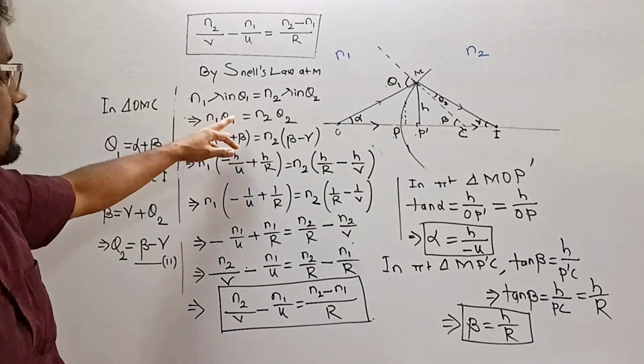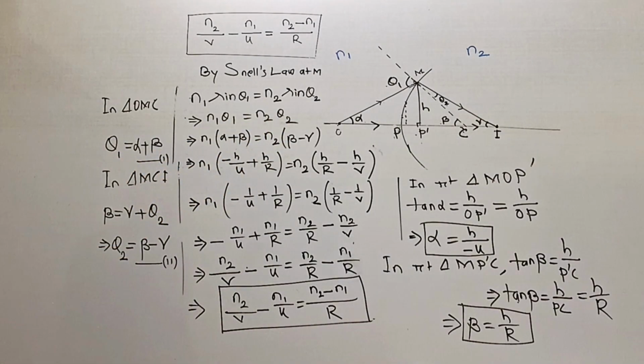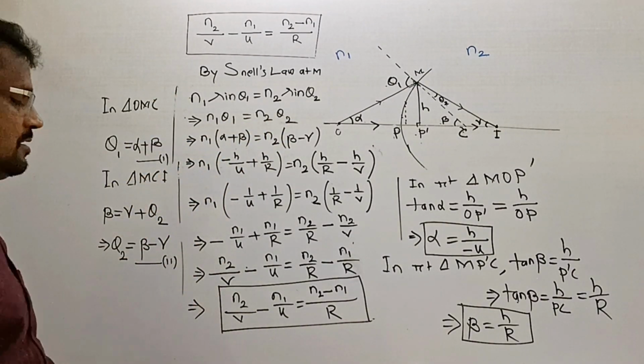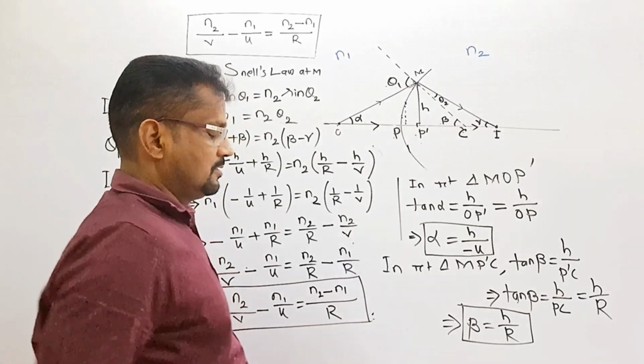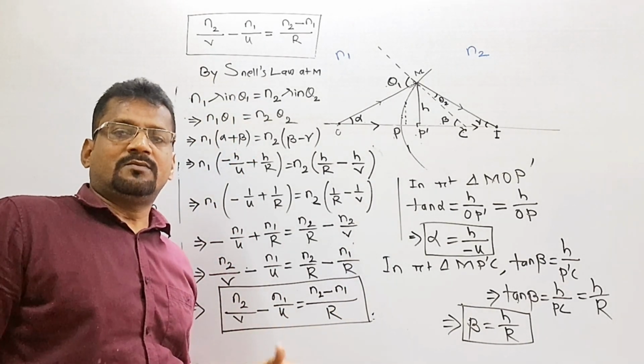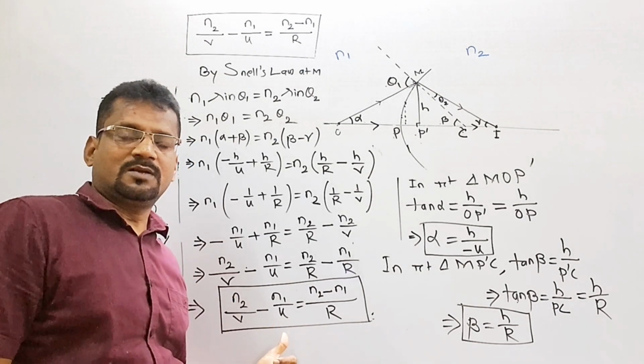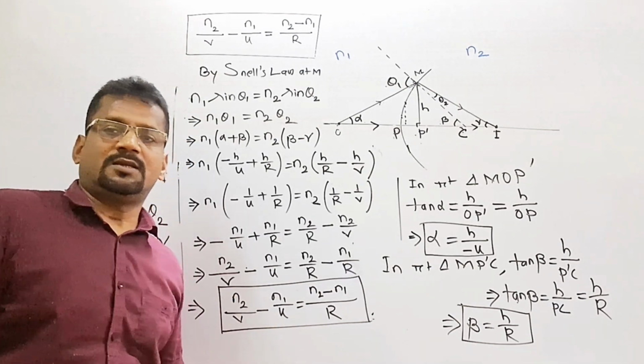Here we replace the values of theta 1 and theta 2 from the earlier steps. Then go for simplification and you will get this relation. Using this relation, we can deduce the Lensmaker formula. In the next video, I will show how to deduce the Lensmaker formula simply using this relation. Thank you.